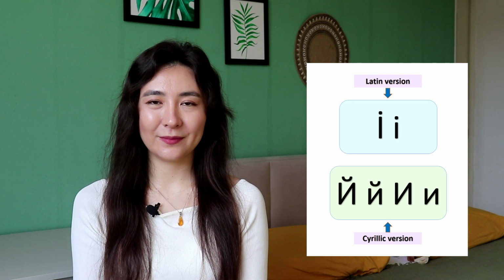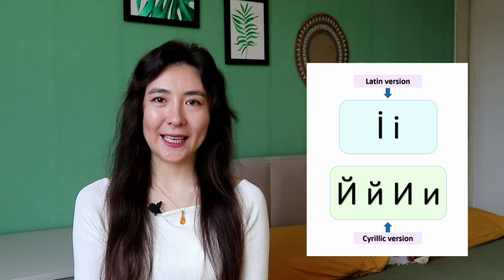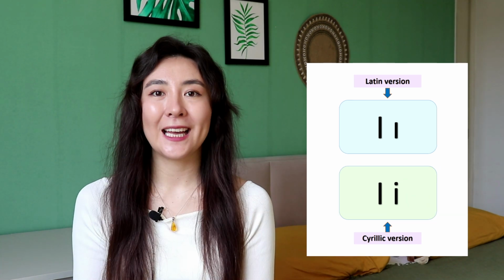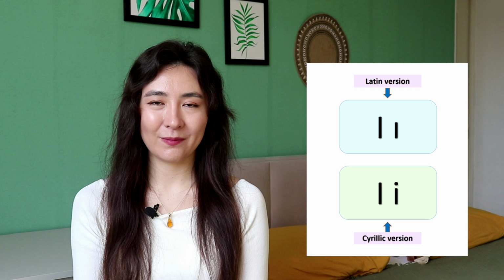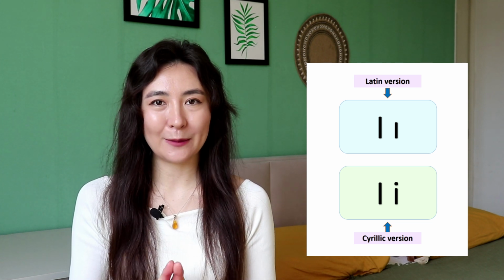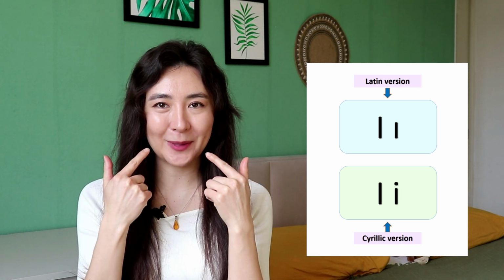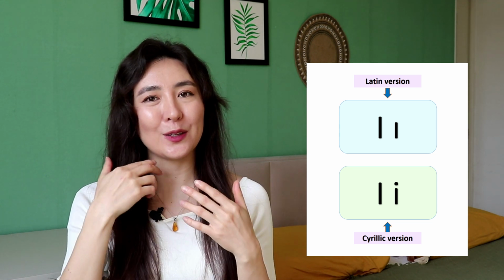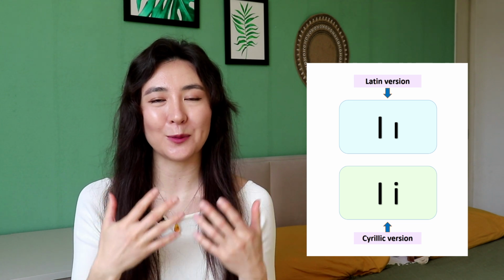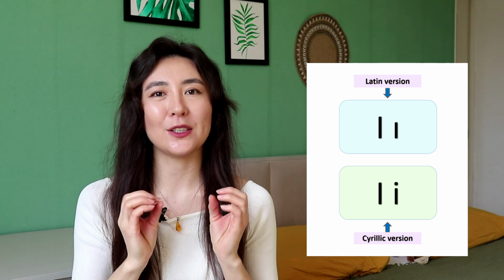E, E. So when you pronounce E, make sure you smile a little bit, E, and then when you pronounce it, that sound that comes from your throat should be soft.